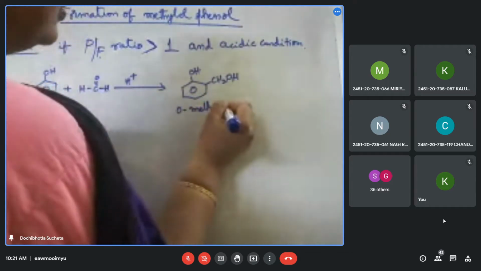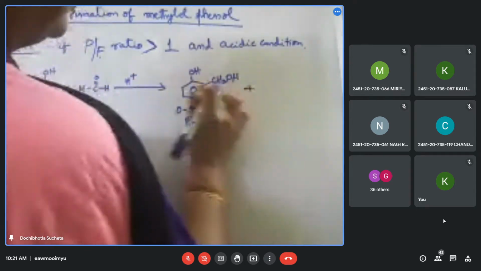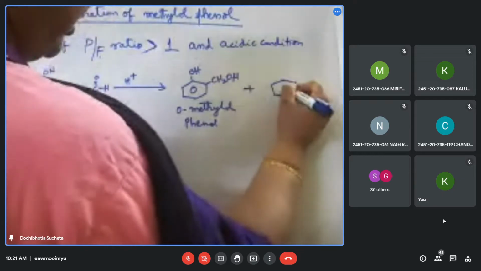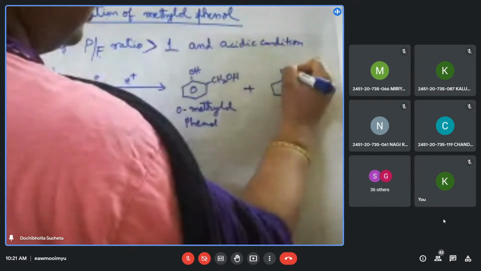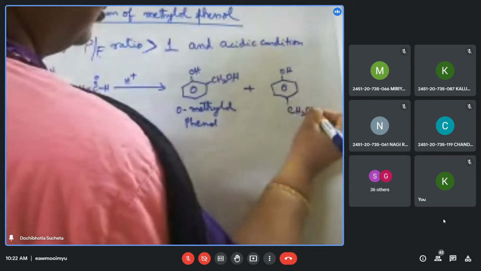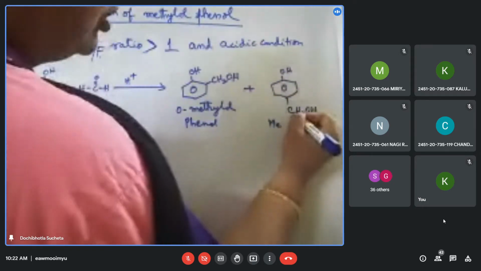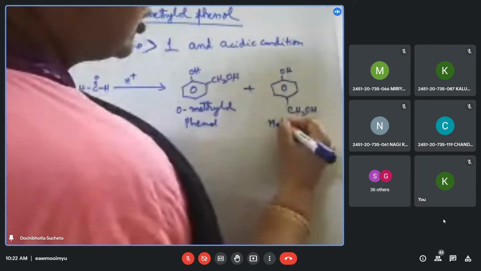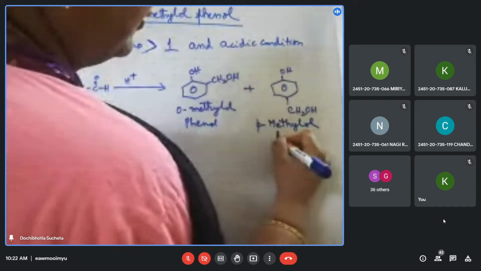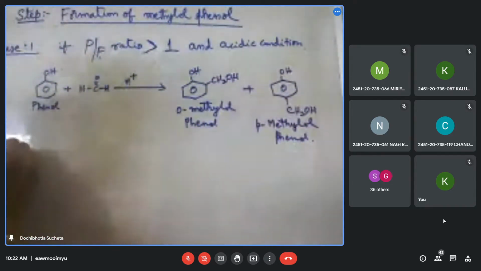There's one more substitution at the para position because of less steric hindrance. Para-methylolphenols are also very commonly formed. So phenol substituted with a CH2OH group is called methylolphenol, para-methylolphenol. What will you write?